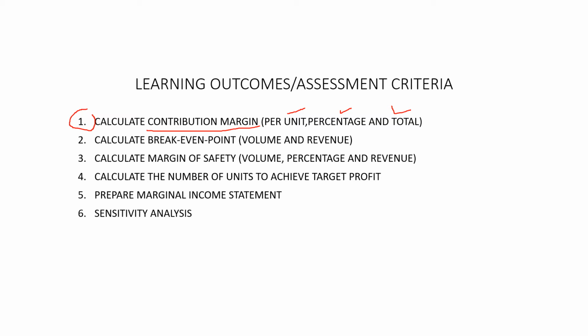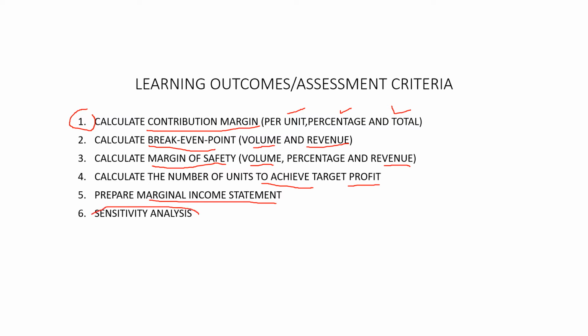Requirement number 2, calculate break-even point either in units or revenue. Number 3, margin of safety either in units, percentage, or revenue. Number 4, the number of units to achieve target profit. Number 5, you must learn how to prepare your marginal income statement.